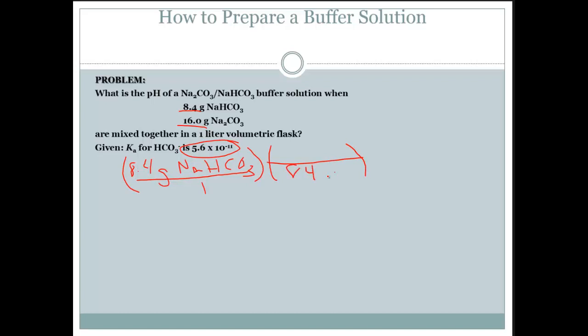I figured that out by looking on the periodic table. I added up all the elements. So 8.4 divided by 84 is 0.10 moles. To figure out the molarity, I would then divide that by 1 liter. That's because it's in a 1 liter flask.